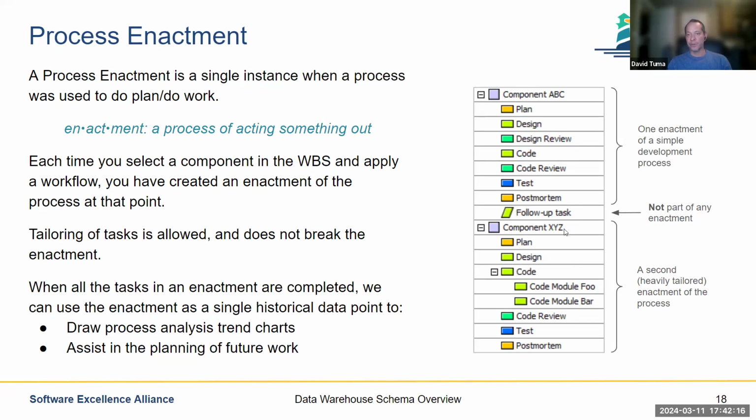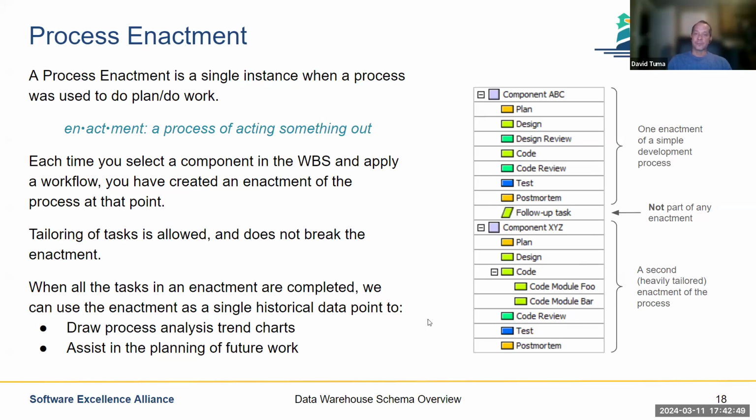So, for example, when this person did component XYZ, they decided they didn't need a design review step, and they decided they were going to break code into coding of module foo and coding of module bar. And then they're going to continue with the code review, test, and postmortem. So they've heavily tailored this particular enactment, but it's still one enactment. It's one place where they applied the workflow to the WBS and then possibly made changes. Tailoring does not break the enactment.